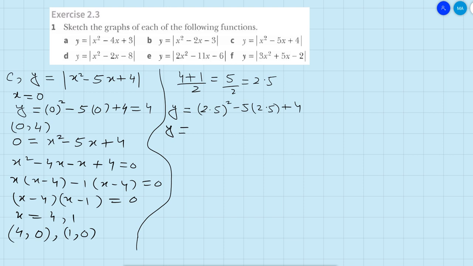Answer is minus 2.25. So this is the coordinate 2.5 comma minus 2.25. Now you have 3 axis of coordinates and the 4th point. Now it's time to plot all these 4 points.